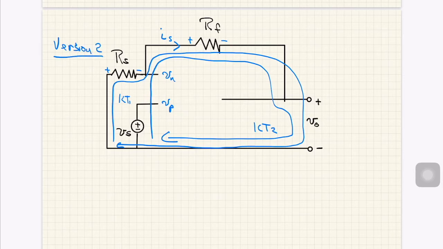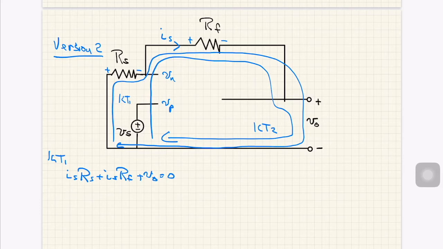of solving this problem. And just as before, I'm going to say KT1, and now I have a different KT1, so I have to figure that one out. And I'm going to follow the same current, the same IS. So I'm going to have IS times RS plus IS times RF plus, now we go all over to the right here, plus V0, and that's going to be equal to 0.